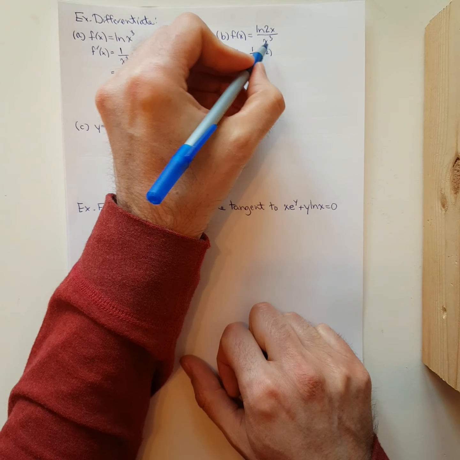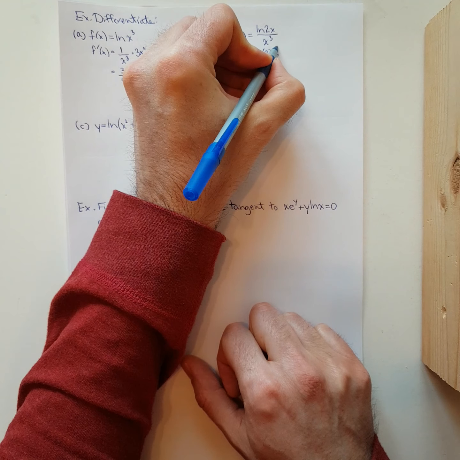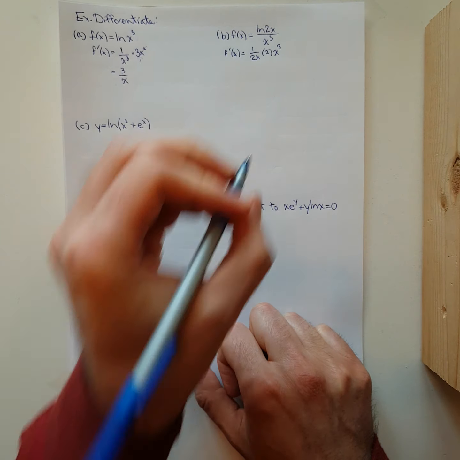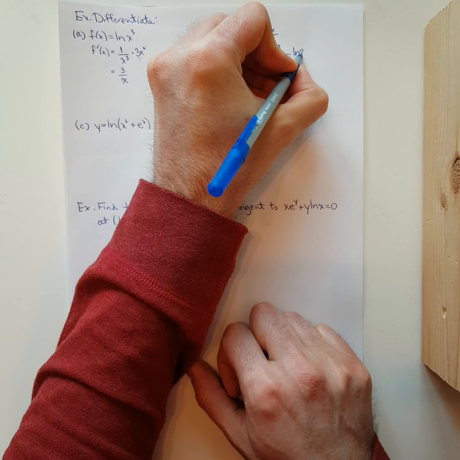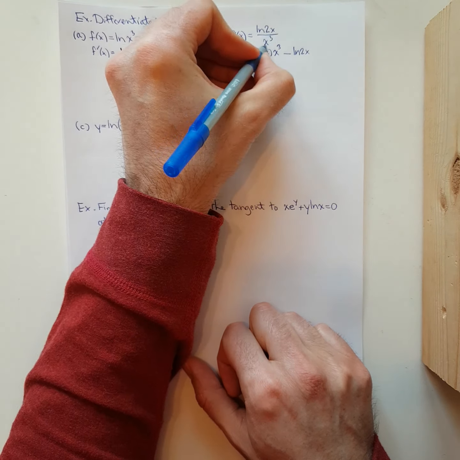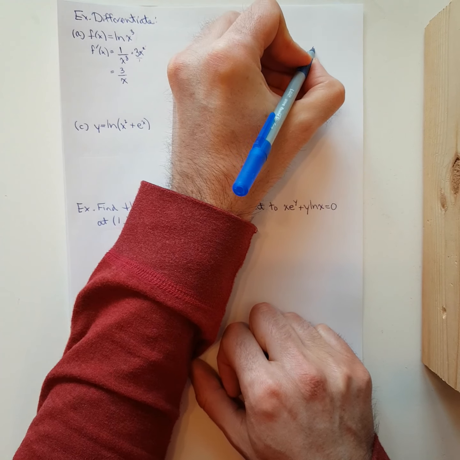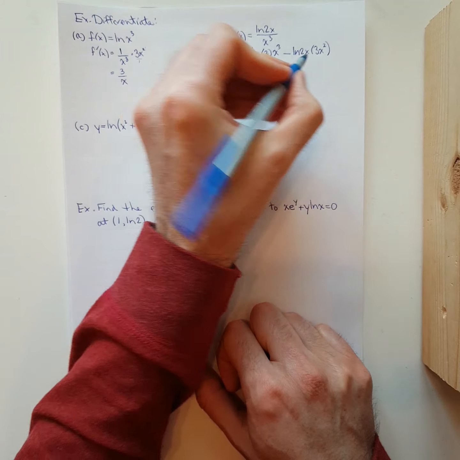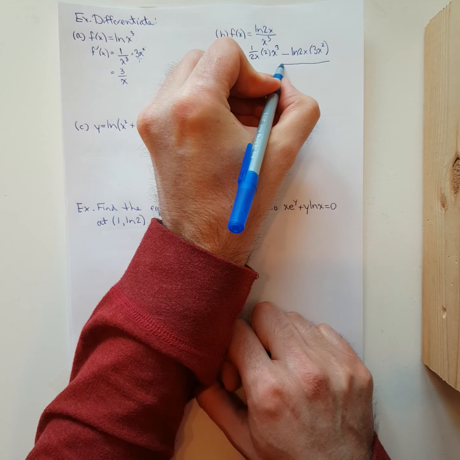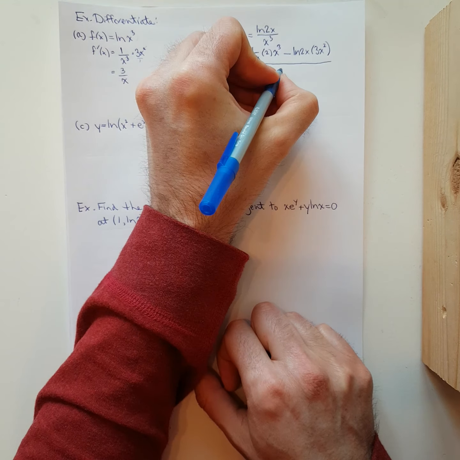So there is the derivative of the top multiplied by the bottom, minus top times the derivative of the bottom, and then we'd have that all over our denominator squared.